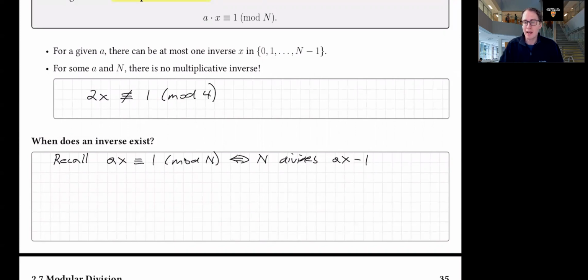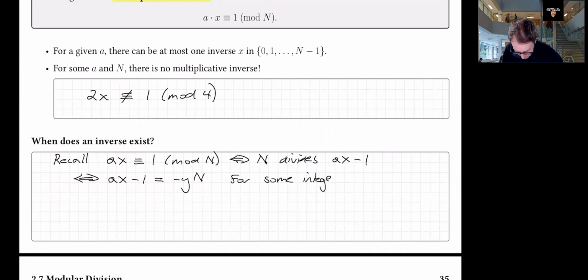That means that ax minus 1 can be written as an integer multiple of n. So if and only if ax minus 1 equals minus y times n, for some integer minus y. I'm only writing this as minus; you might write it just as y.